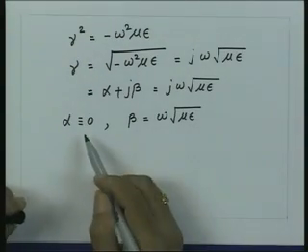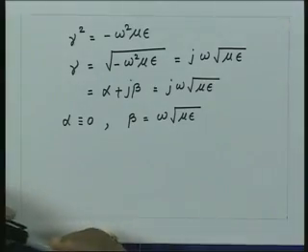If you recall, when we were discussing transmission lines, alpha equal to 0 represented the lossless transmission line. Physically, that meant that when the wave travels on the transmission line, the amplitude of the wave does not decrease; it has a constant amplitude.